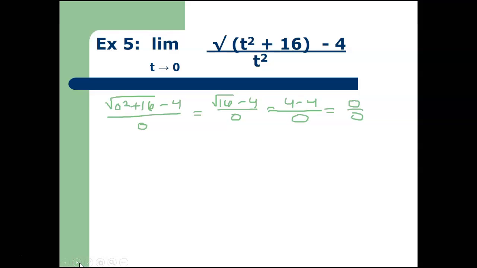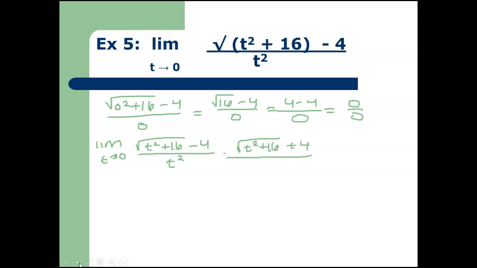To get rid of a square root in a limit problem, we multiply by the complex conjugate. The complex conjugate is a really fancy way of saying the missing piece on a difference of squares.